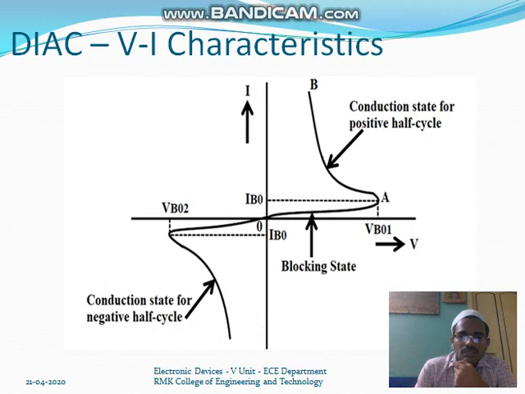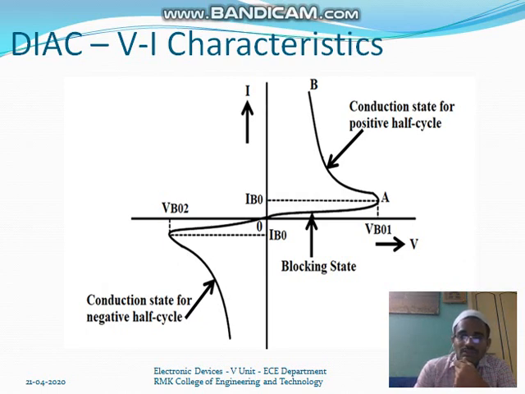So the VI characteristic curve shows a very little increase, and this state is called the blocking state. This current is due to the minority charge carriers moving across. Now if you increase the voltage between MT1 and MT2, at a particular threshold voltage, the DIAC will be turned on, and a breakdown voltage will occur, and then the current will start conducting.